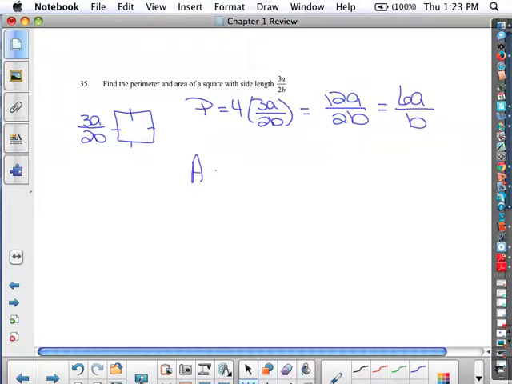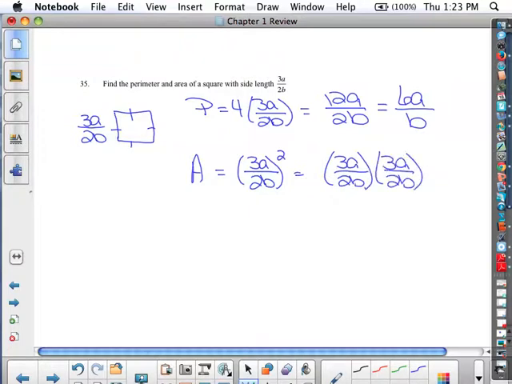Then the area is equal to side squared, 3a over 2b squared. Remember that's 3a over 2b times 3a over 2b. When you multiply fractions, you multiply numerators together. So 3a times 3a is 9a squared. And then you multiply denominators together. 2b times 2b is 4b squared.